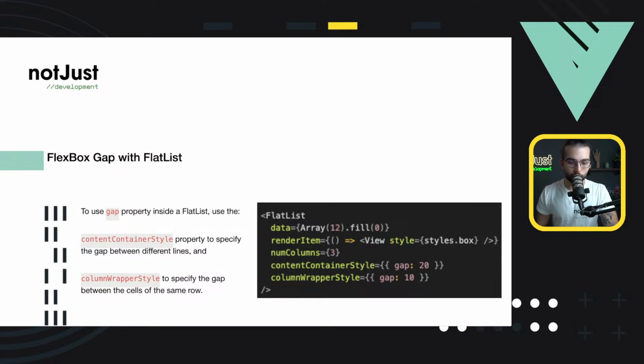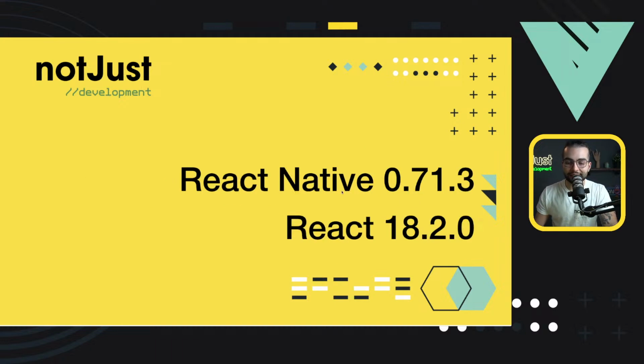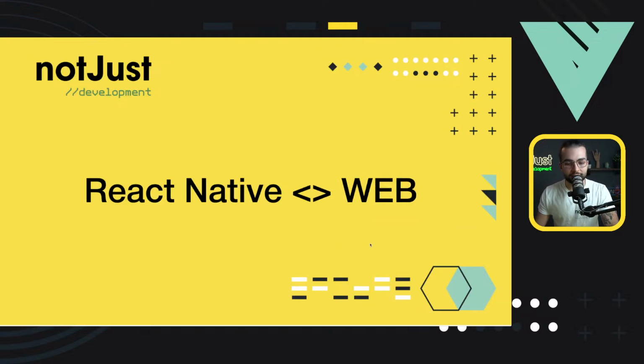Here you can see more details about this flat list. The next updates that are coming as part of the React Native 0.71 version are meant to bridge the gap between React Native and web development.